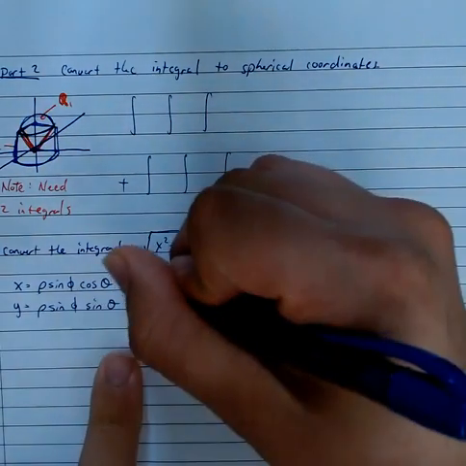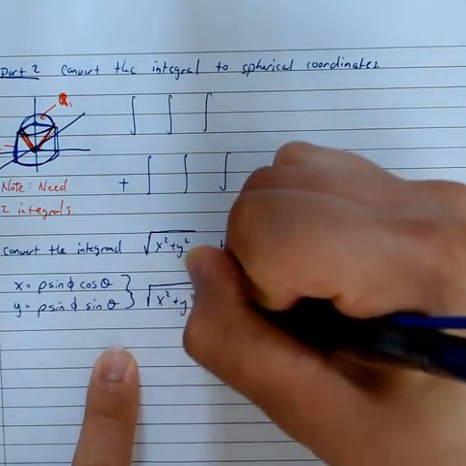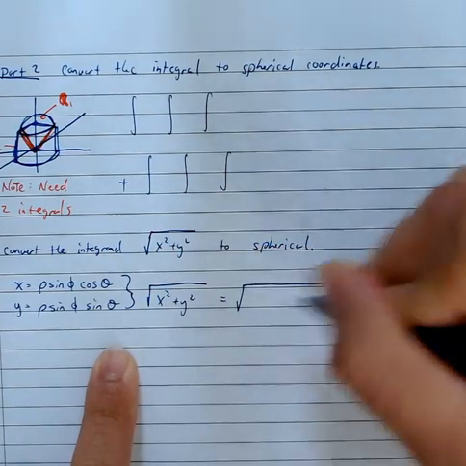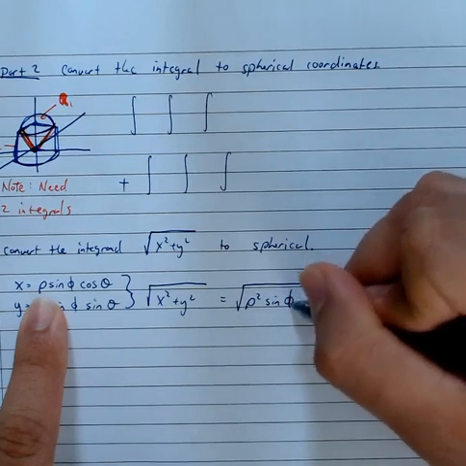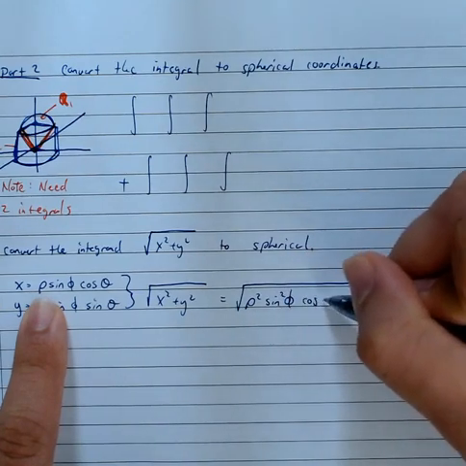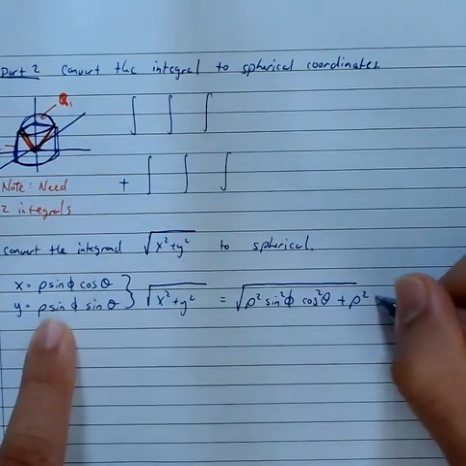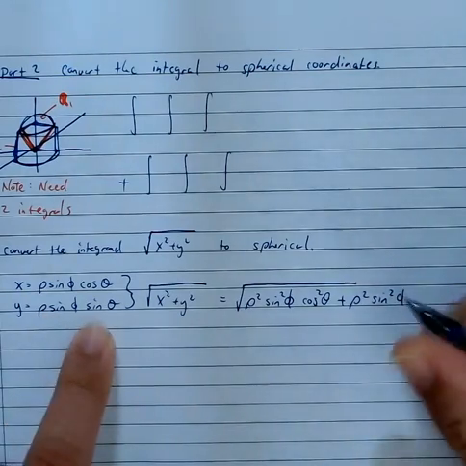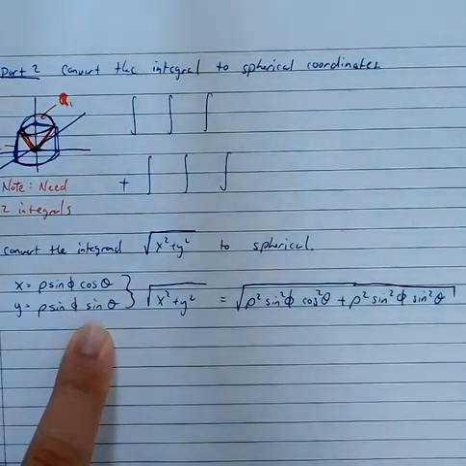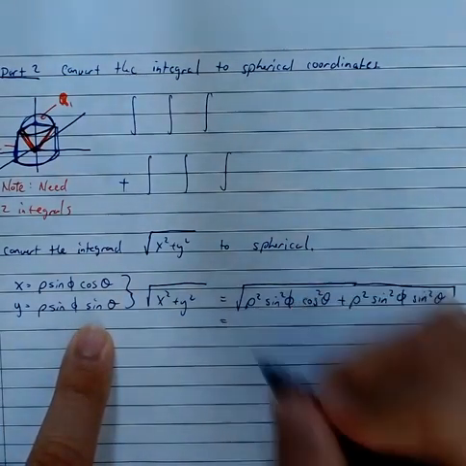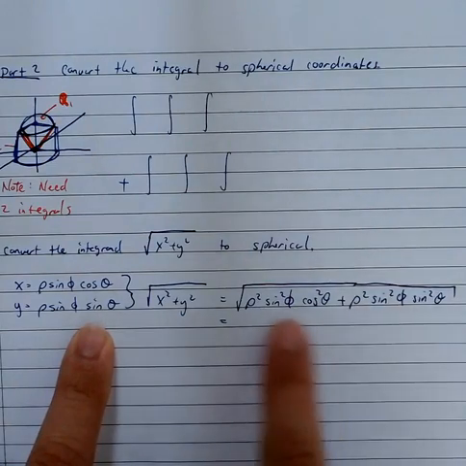So that gives us that the square root of x squared plus y squared is going to equal the square root of rho squared sine squared of phi cosine squared of theta plus rho squared sine squared of phi sine squared of theta, just like that. Here I can factor out, notice I have rho squared sine squared of phi on both terms.